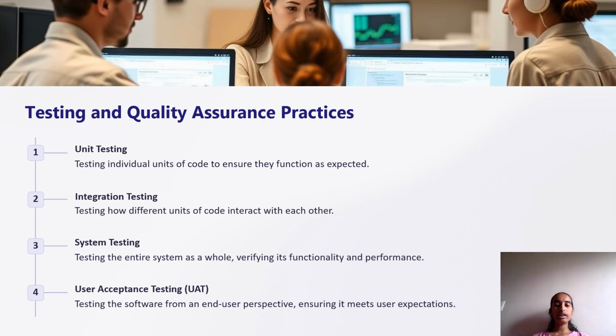Then comes integration testing, testing how different units of code interact with each other. The third point is system testing, that is, testing the entire system as a whole, verifying its functionality and performance. And last comes user acceptance testing, that is UAT, testing the software from an end user perspective, ensuring it meets our expectations.